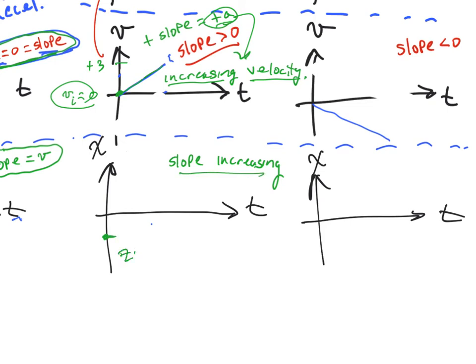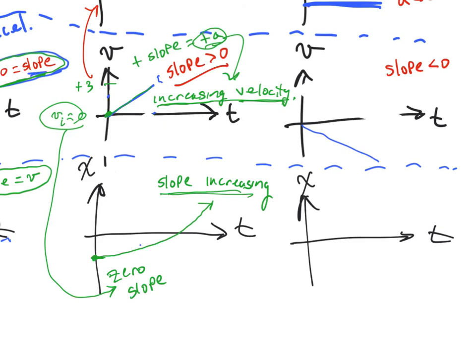Right here I'm writing 0 slope, because the initial velocity was 0. And then since the velocity is increasing, the slope has to be increasing. So it starts at 0 and it gets bigger and bigger and bigger. So it's going to be curved. We call this concave up. It's curved upward, an upward curve, because the slope is increasing. The hill is getting steeper, essentially.